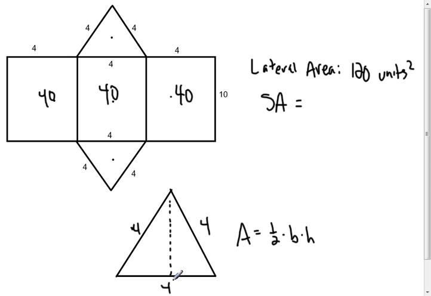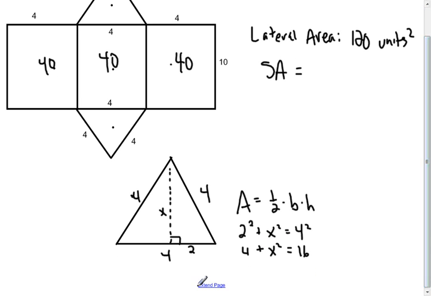What I do know is that this side here would be 2, because we're just splitting this in half with this 90-degree angle, this altitude. And so if we want to figure out the height, we could use a squared plus b squared equals c squared, the Pythagorean theorem. So we're going to do 2 squared plus x squared equals 4 squared. 2 squared is 4, x squared we'll just call x squared, 4 squared is 16.